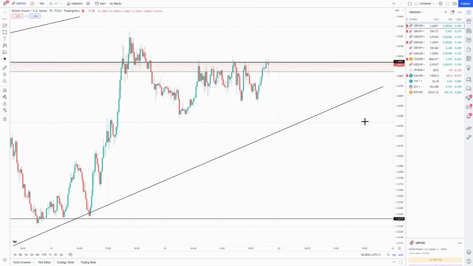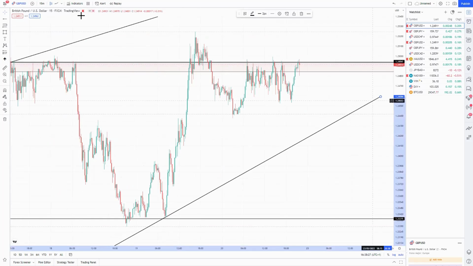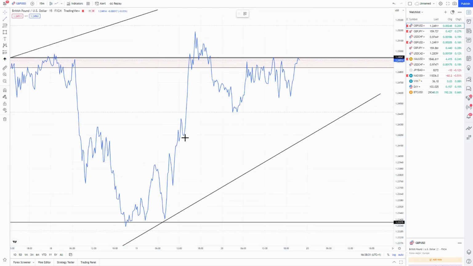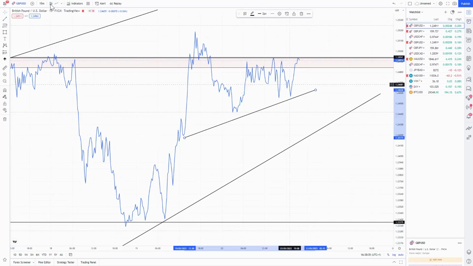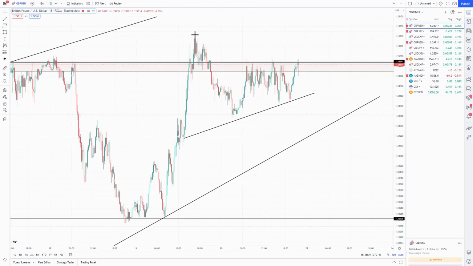Okay, good. Let me adjust this trend line. Let me switch to my line chart. Can you see this trend? And we can also mark this out.